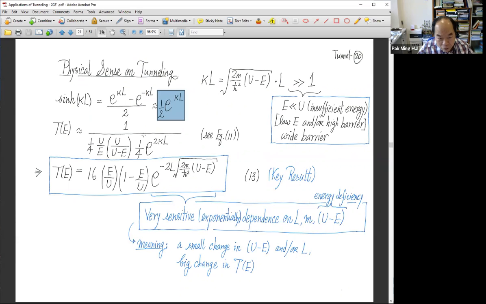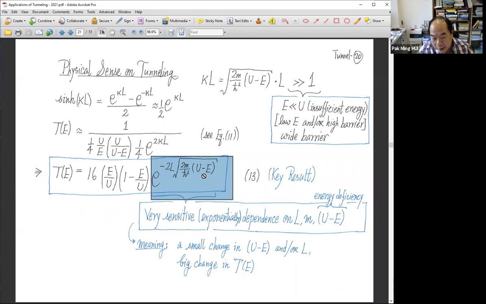But this term unfortunately happens in the denominator, and then the transmission, this is the punchline for experimentalists and all students, is exponentially minus, okay? With the width of the barrier and the square root of the energy deficit.